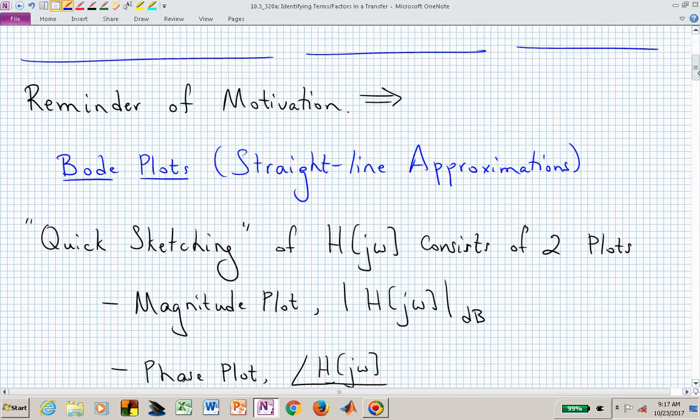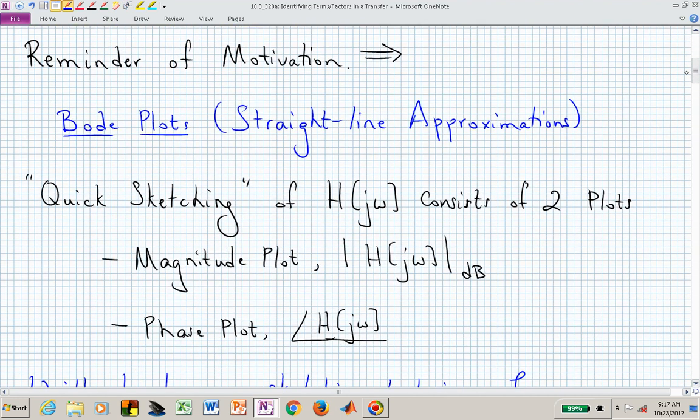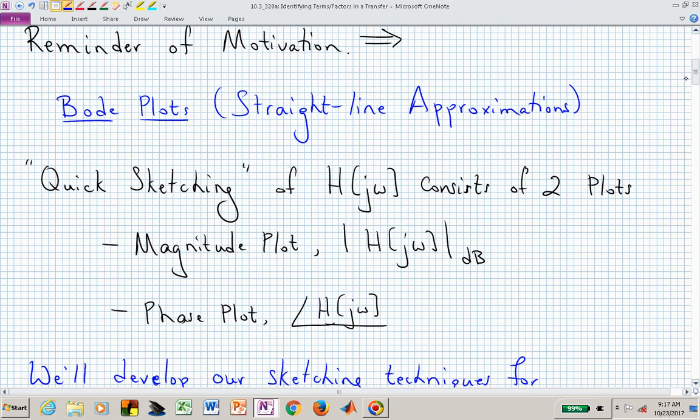Remember what motivates this many-step process of sketching the Bode plots: we're trying to develop quick sketching strategies, and those will result in two different plots: a magnitude plot, which is the magnitude in dB plotted with respect to frequency, and the phase plot, the angle of this transfer function as omega, the frequency, is varied.